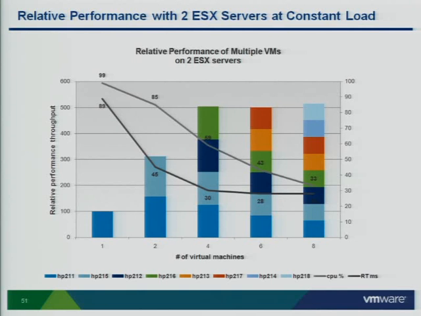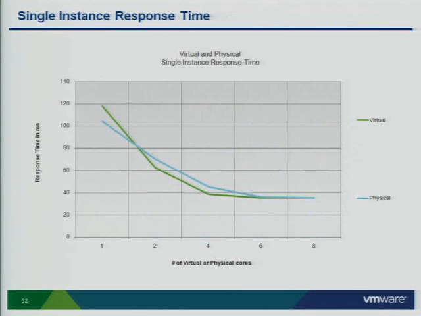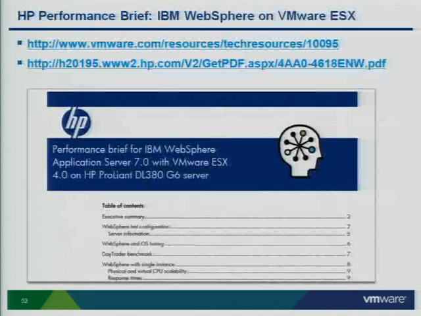So it's better to go with multiple virtual machines when you cannot handle the load with 1 virtual machine. And this chart shows you the response time comparison between the virtual and physical environment. You will see that it's pretty close, comparable to the physical environment in the virtual plane.